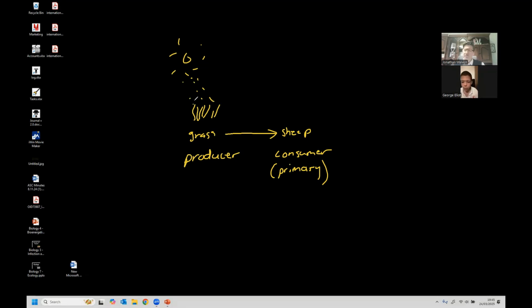Wheat, or can you think of one beginning with the letter L, for example? Lettuce. Yes, lettuce. So the lettuce would trap the energy from the sun. In fact, any green plant will act as a producer, because it will trap that energy. And the first thing that eats it is called the primary consumer.